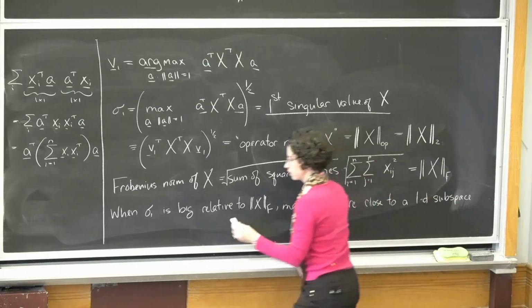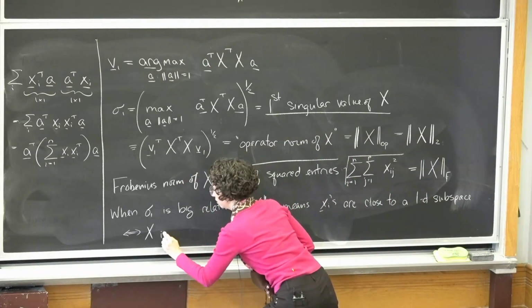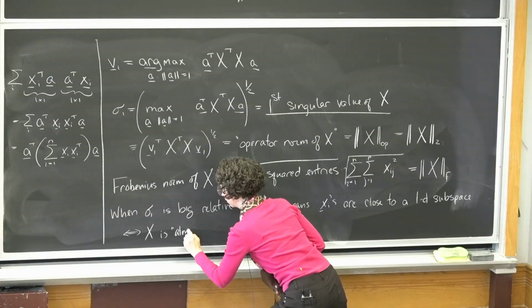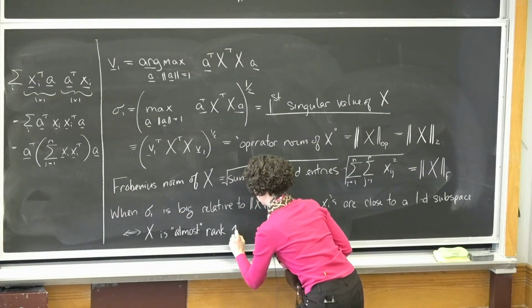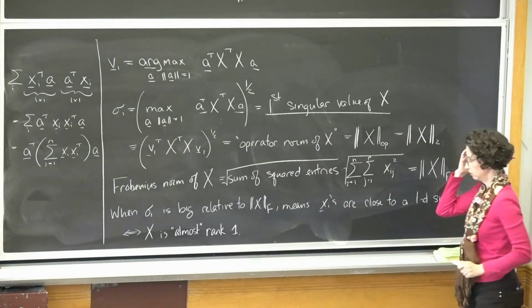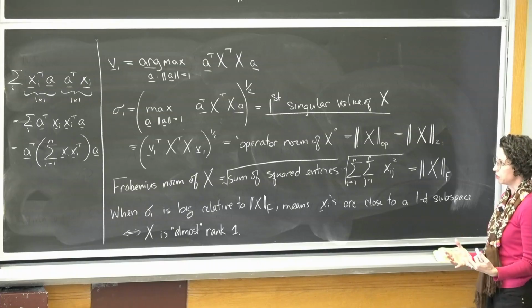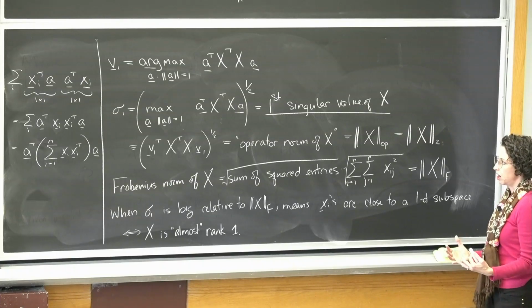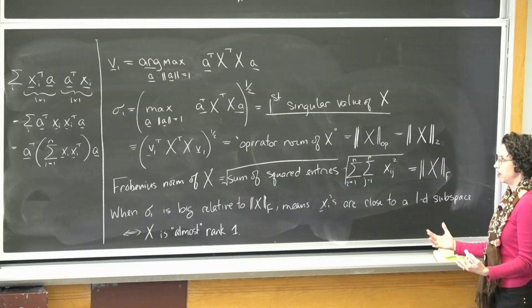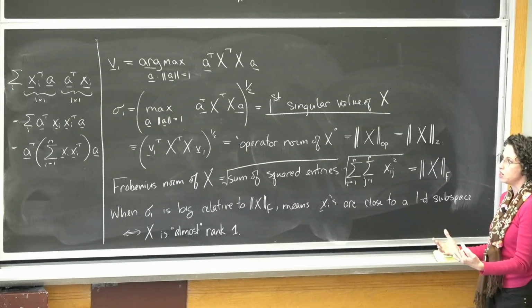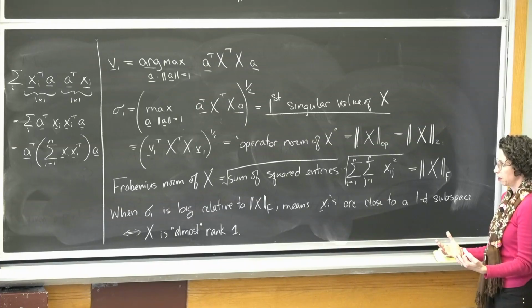Or in other words, the matrix X is almost rank 1. So the first singular value is telling us how well we can fit a 1D subspace to our data.